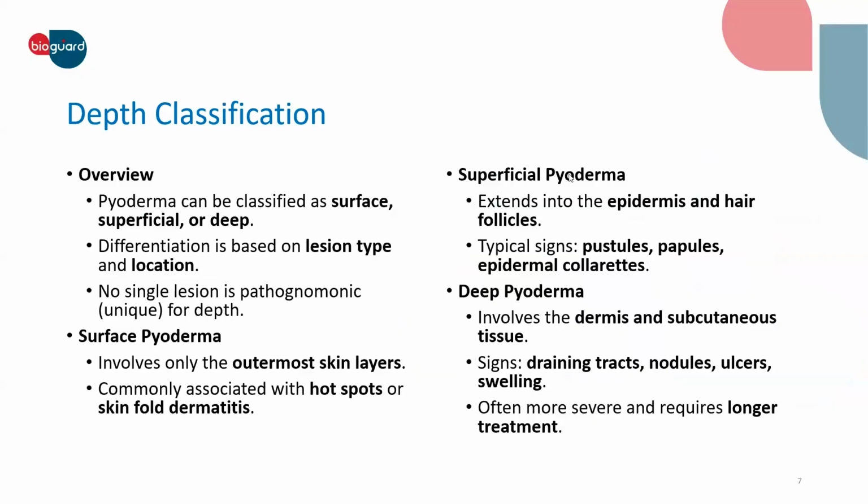Superficial pyoderma extends into the epidermis and hair follicles, and the typical signs include pustules and epidermal collarettes. And the last one, deep pyoderma, involves the dermis and subcutaneous tissue. The clinical signs include draining tracts, nodules, ulcers, and swelling. These are usually more severe and require longer treatment.